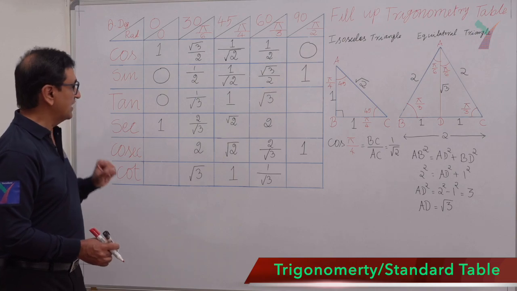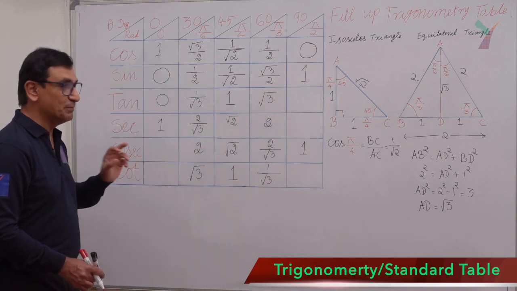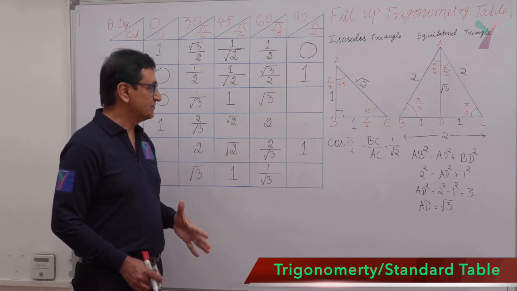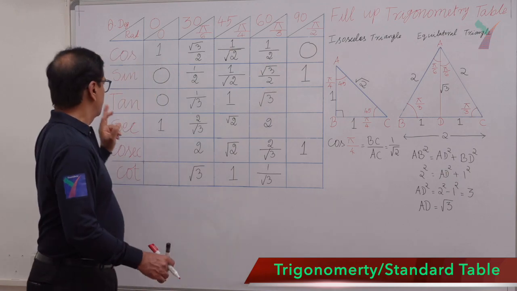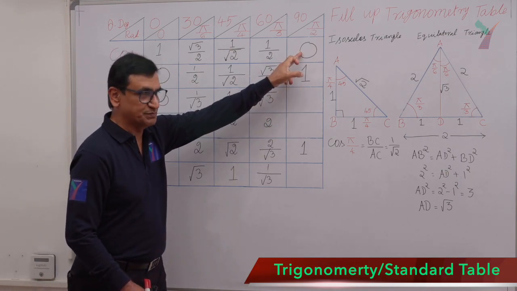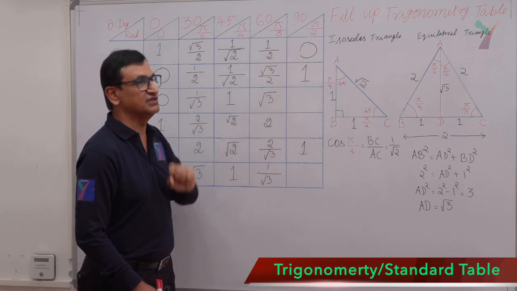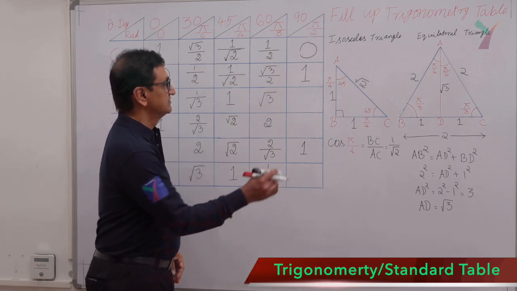Okay, if you look at the table, I have left these spaces blank. I'll tell you why. First, let's look at tan pi by 2. Tan pi by 2 is sin pi by 2 divided by cos pi by 2. That is 1 divided by 0. 1 divided by 0 is infinity.